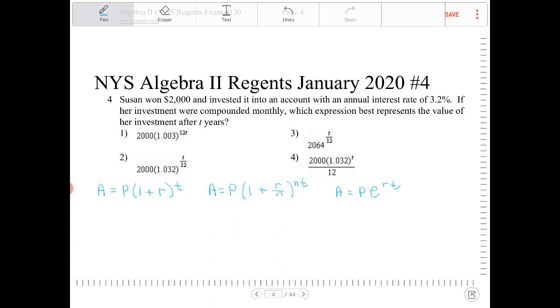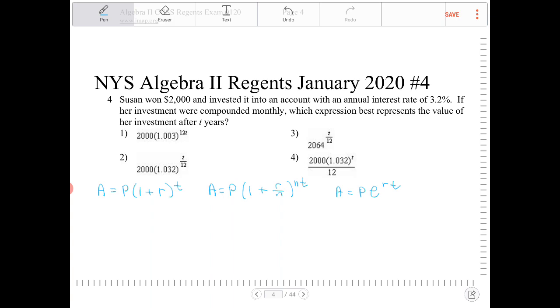So each one of these is describing exponential growth, but the way in which the investment grows, or the population grows, or the number of bacteria grows or decays or whatever, they will grow in different ways. Okay, it's the frequency in which they grow that is different.